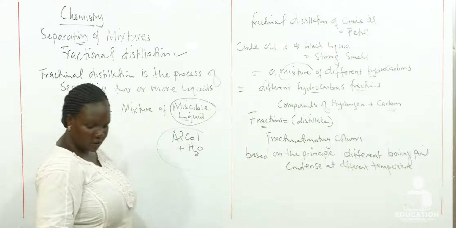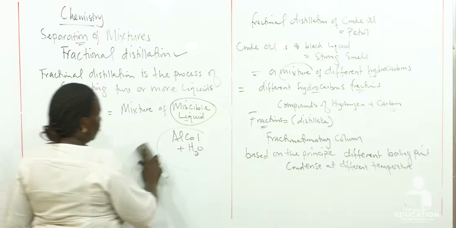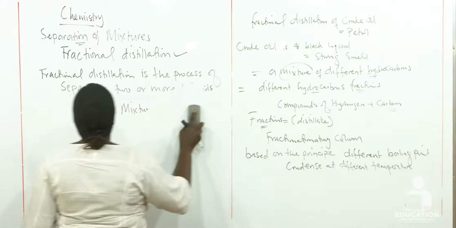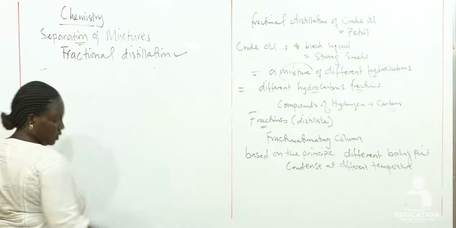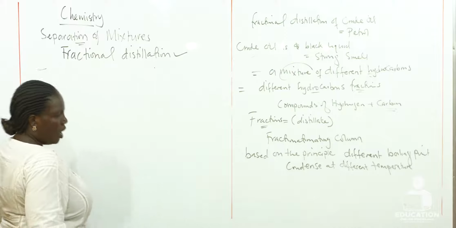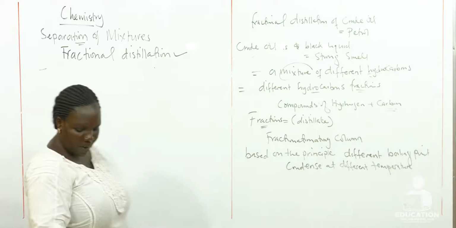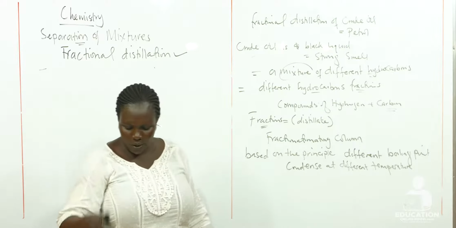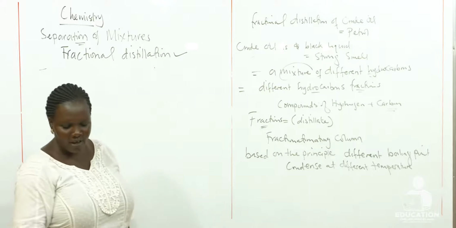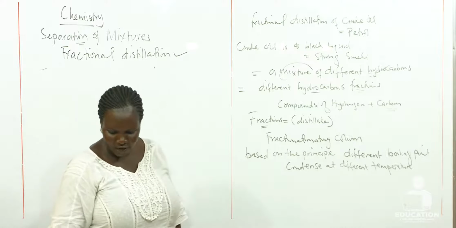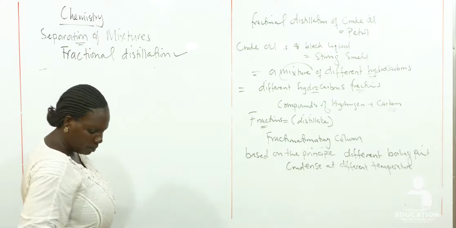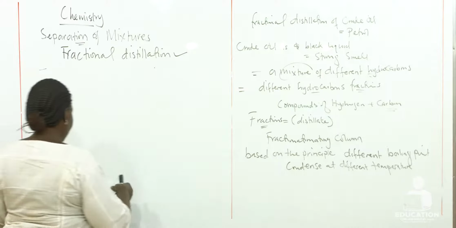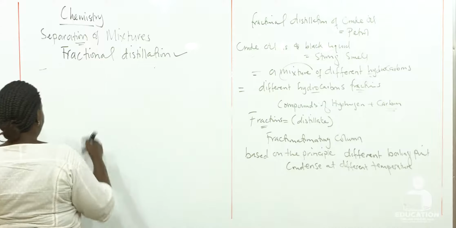Let us look at a sketch of how the fractionating column looks. The petrol or crude oil will first be placed in a furnace and heated. Let us assume that this is our furnace.